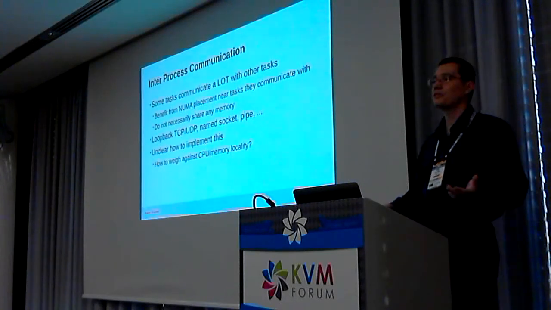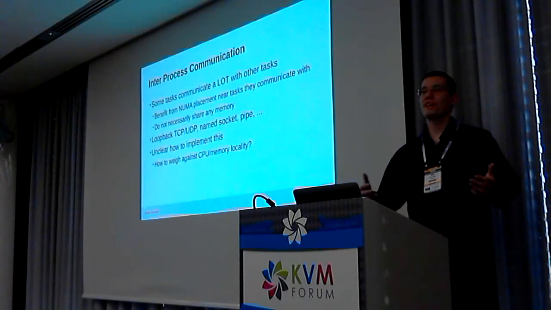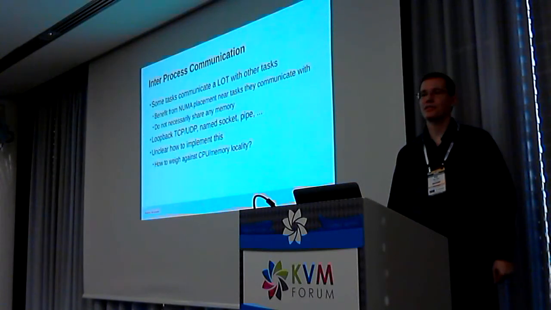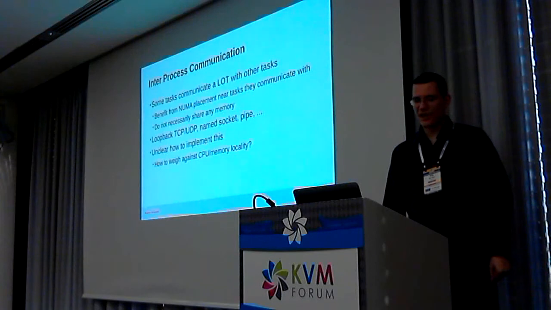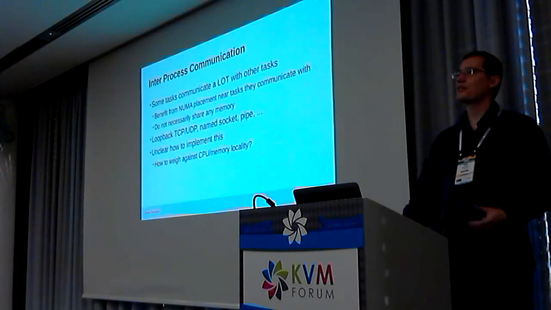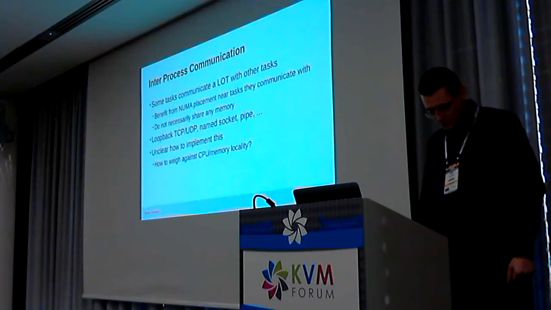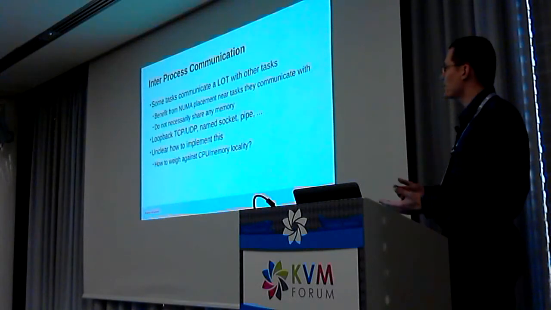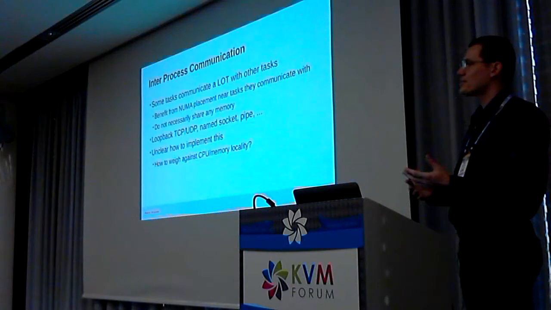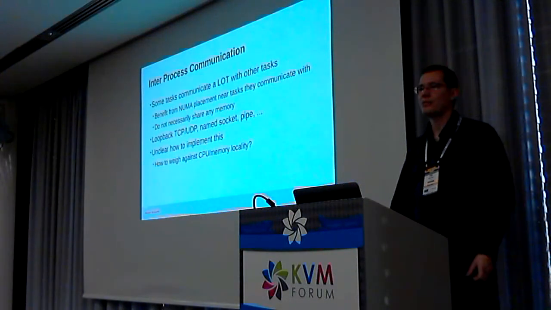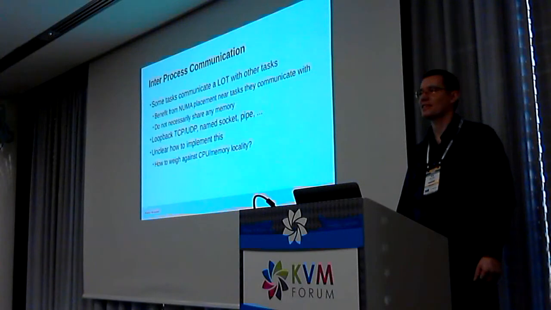There's already some code in the scheduler to try and move tasks closer to each other when they communicate with each other. But that code is totally independent of the NUMA code today. And even if we implement it with the NUMA code, at what point does inter-process communication outweigh memory and CPU locality?